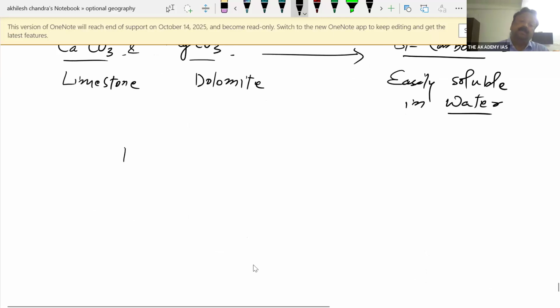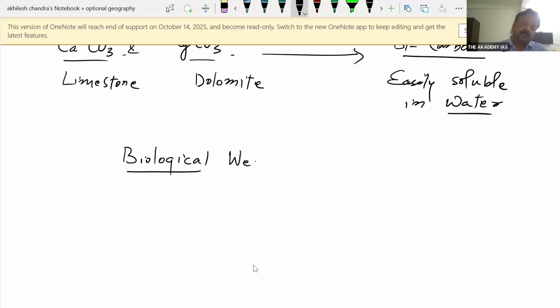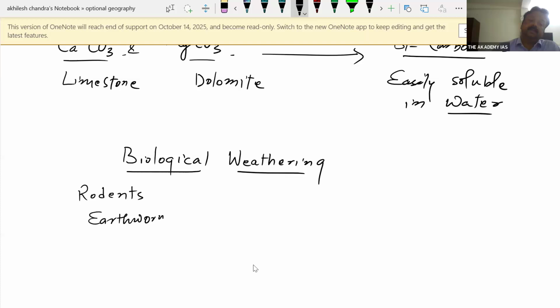And the last one is biological weathering. You can better understand: there are certain biological animals as well as plants doing this weathering. For example, rodents, burrowing animals, earthworms, termites, ants, we human beings.